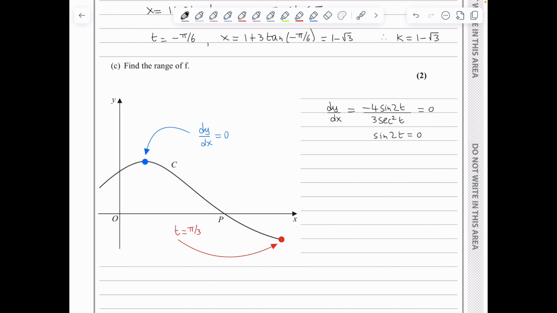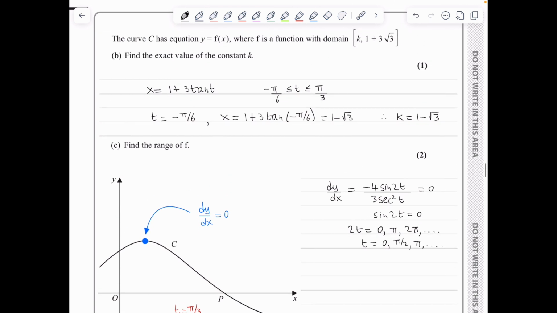If we recall the sine wave, we see that it is 0 every pi, so that means that 2t is equal to 0, pi, 2 pi, etc. So if I divide throughout by 2, I get that t is 0, pi over 2, pi, dot, dot, dot.